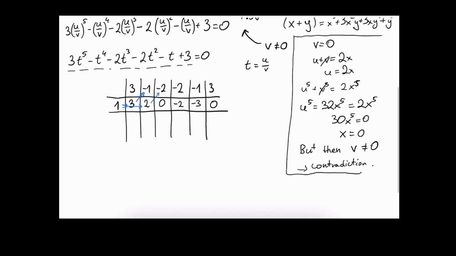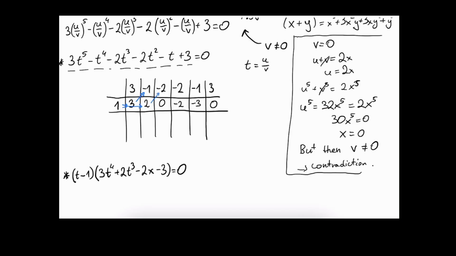This means that the equation star could be rewritten as t minus 1 times 3t to the 4th power plus 2t to the 3rd power minus 2t minus 3 equals 0.